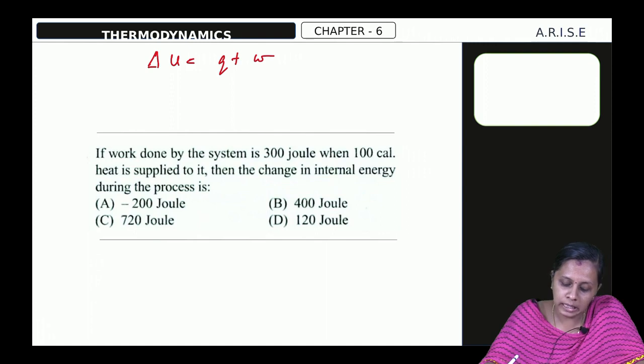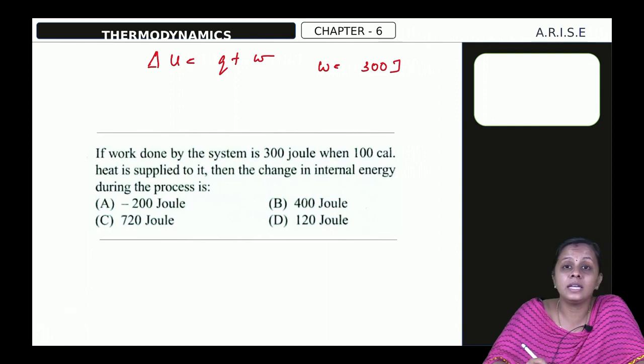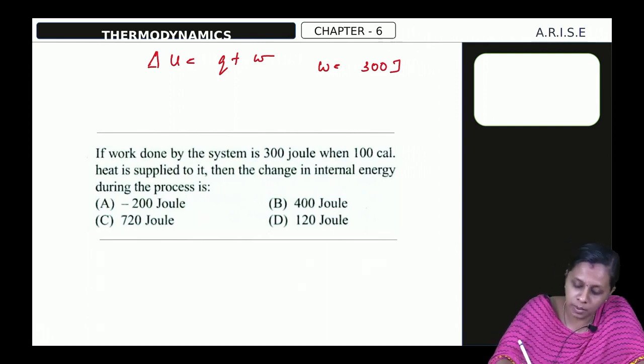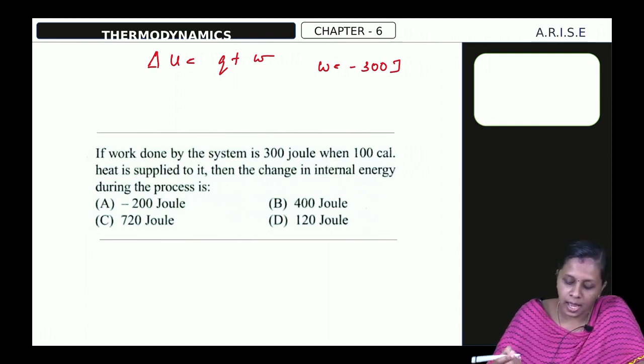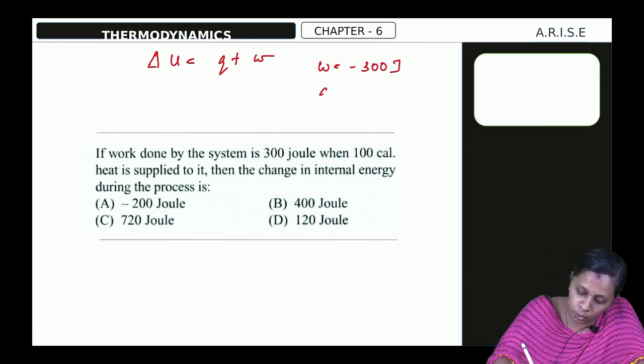Work done by the system is 300 joules. So work is given as 300 joule. Since it is work done by the system, it is minus. When 100 calories of heat is supplied to it, we are giving heat to the system. So Q will be positive and Q is equal to 100 calories.